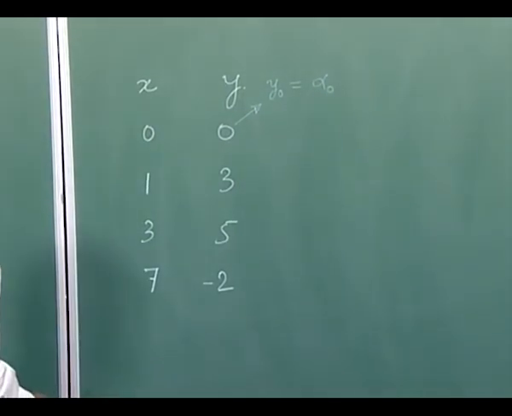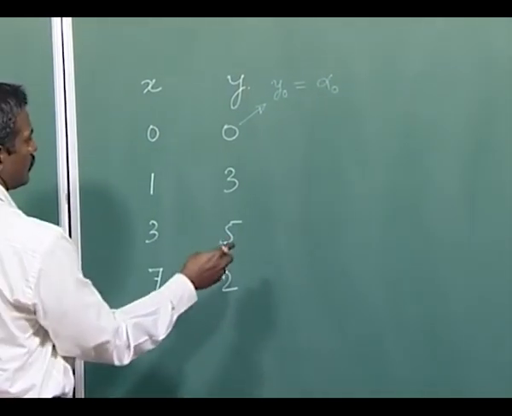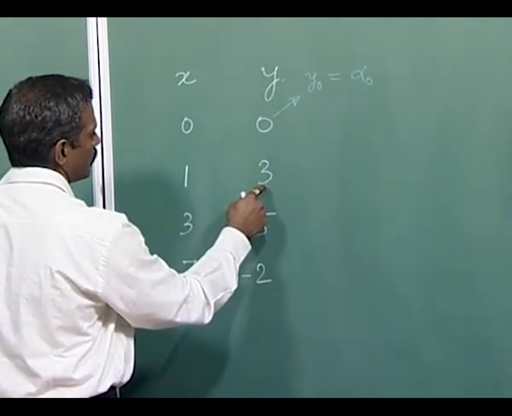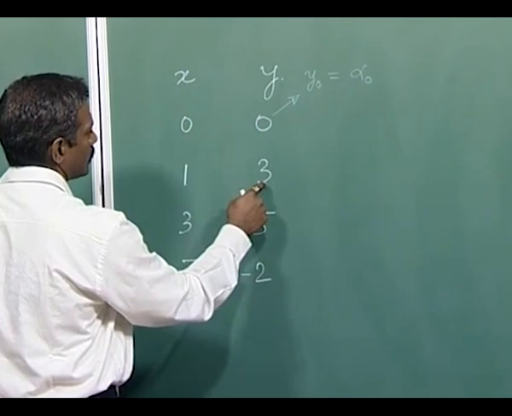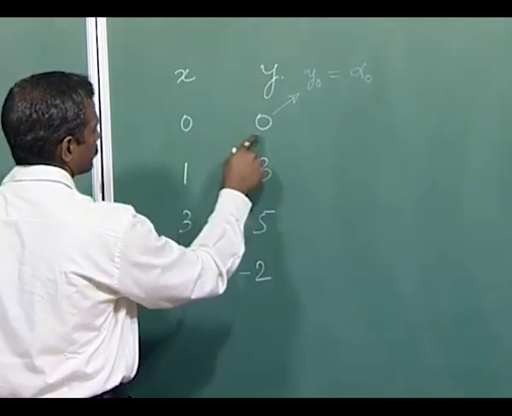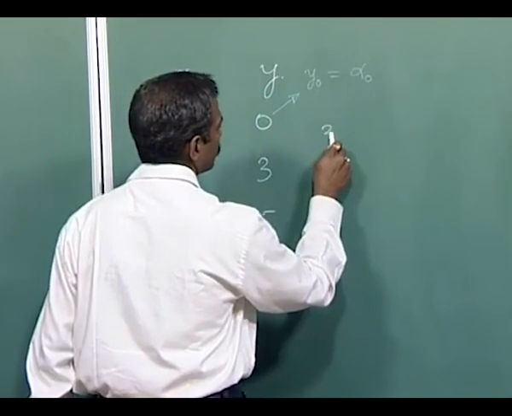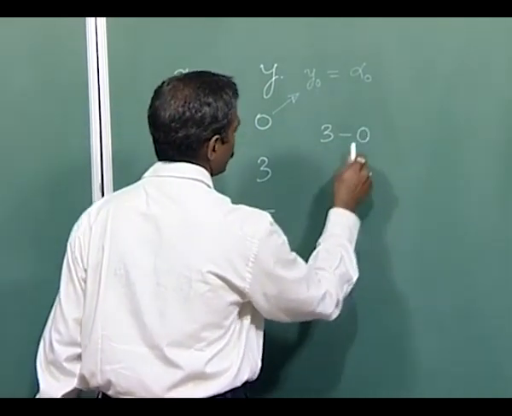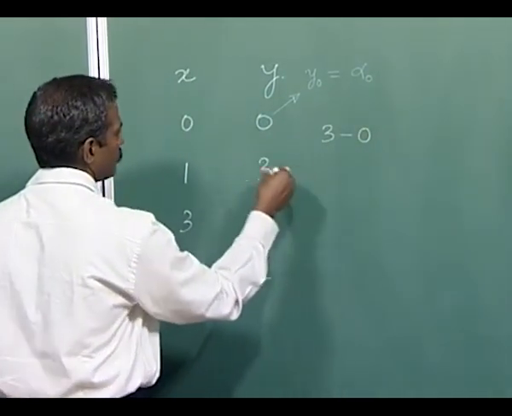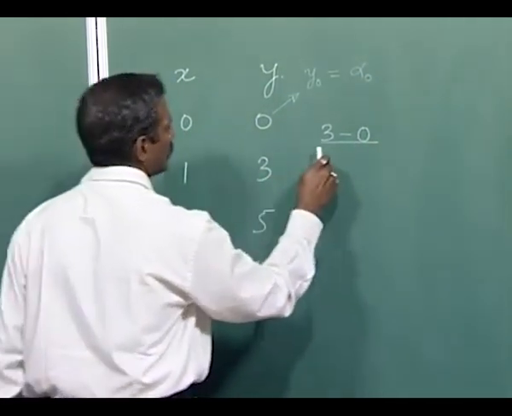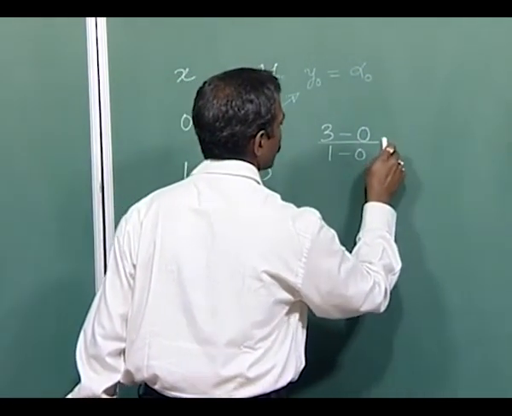To compute the first divided difference, I use these four numbers and compute the divided difference as 3 minus 0, this value minus this value, over this minus this, 1 minus 0, which is 3.